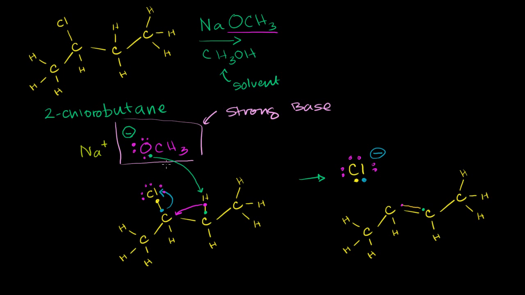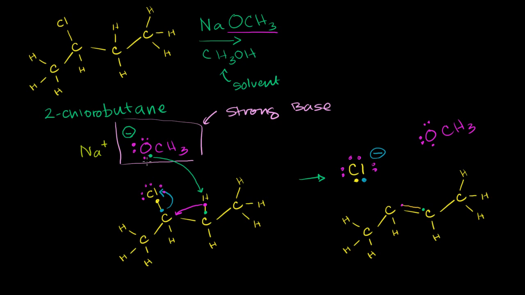And now the methoxide took the hydrogen. So let me redraw the methoxide, OCH3. The oxygen had 7 valence electrons, one with the carbon, and then all of these 6 unpaired ones.